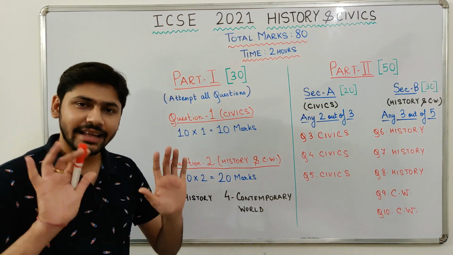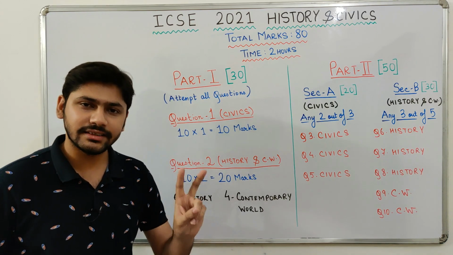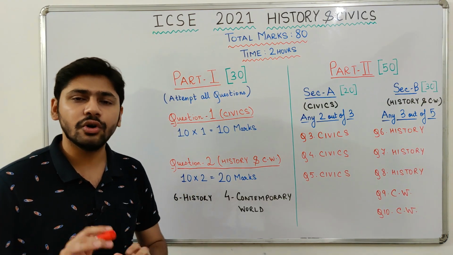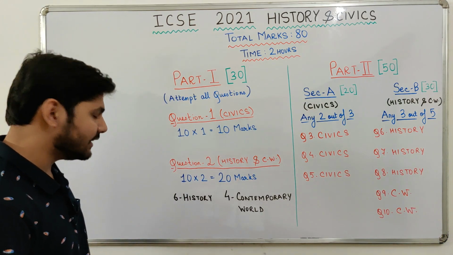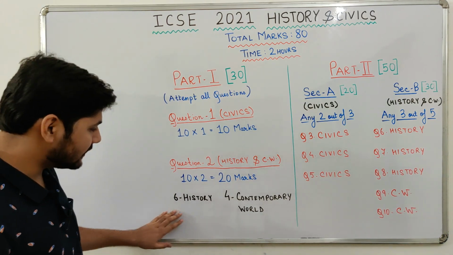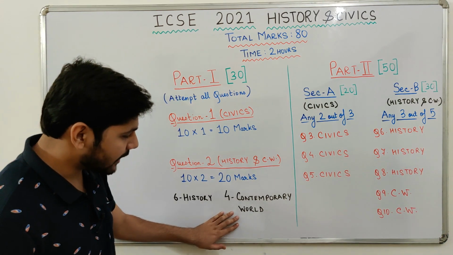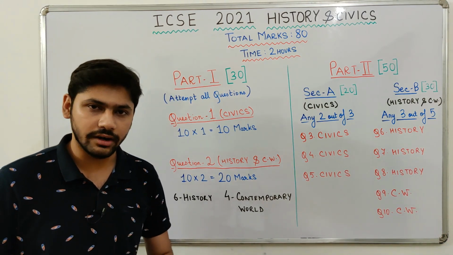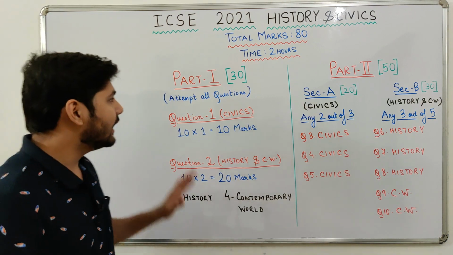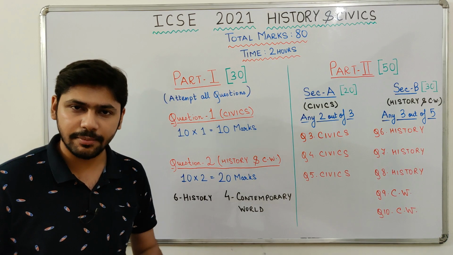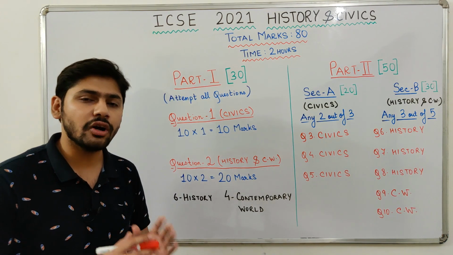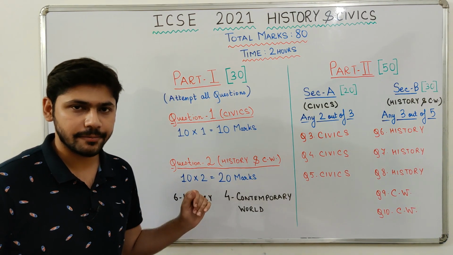It will have 10 subparts of 2 marks each to give you 10 into 2, 20 marks. Out of the 10 subparts, generally 6 subparts are from History and 4 subparts are from Contemporary World. Like I told you, in part 1, you will have to write all the answers because it is a compulsory part and you will face short question answers over here.